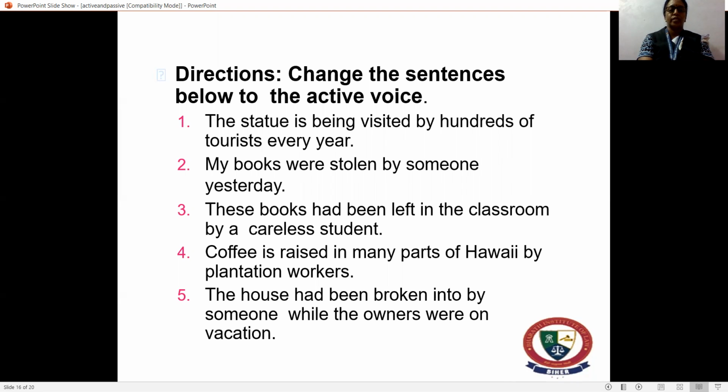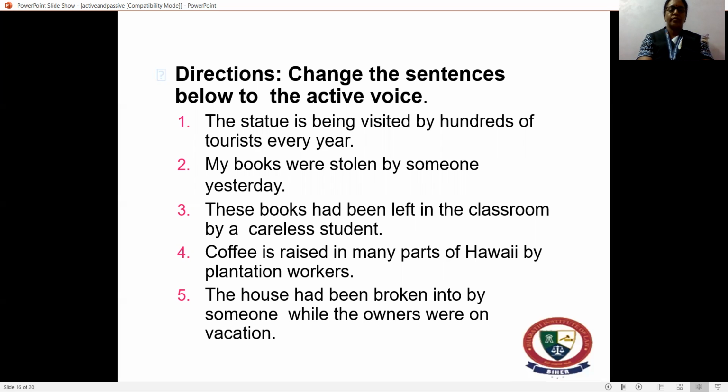I'll read out the sentences. The statue is being visited by hundreds of tourists every year. The second sentence, my books were stolen by someone yesterday. The next sentence, these books had been left in the classroom by a careless student.